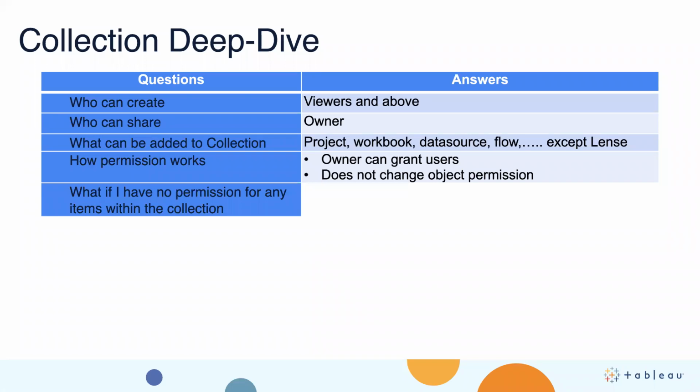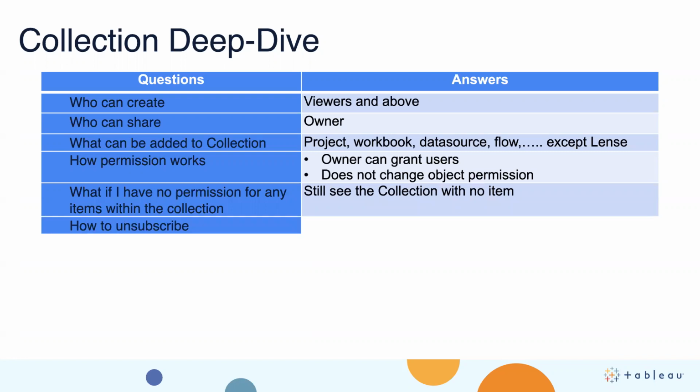What happens? Well, you see an empty collection. You can still see the collection, but when you click that, you see nothing inside. Although the collection can have 100 items, you just don't have permission to see any of them. That's it.